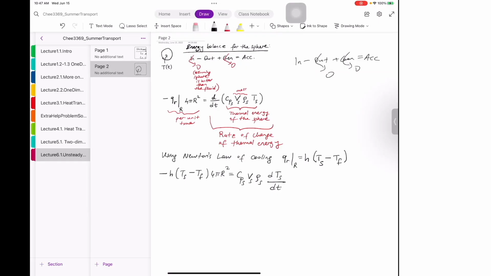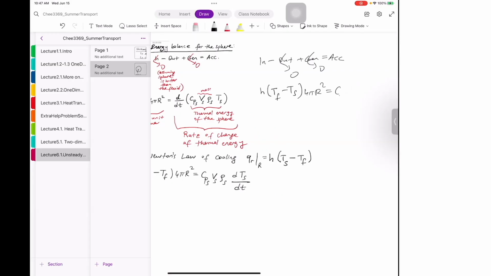And for that case, you would write the input energy as H times, if you want to take it positive, and you know that the solid has a smaller temperature, it would be H times (Tf minus T solid) this time, times 4 pi r squared, is equal to Cps Vs rho s dTs over dt.